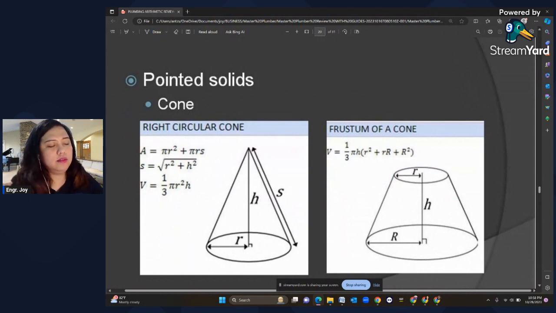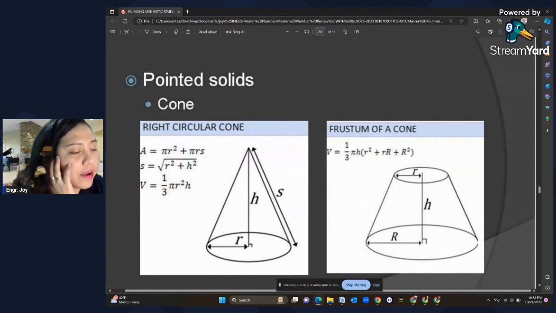Pointed solids. Cone. Right circular cone. The area is pi r squared plus pi r s. Yeah, that's the s. So s is equal to the square root of r squared plus h squared.